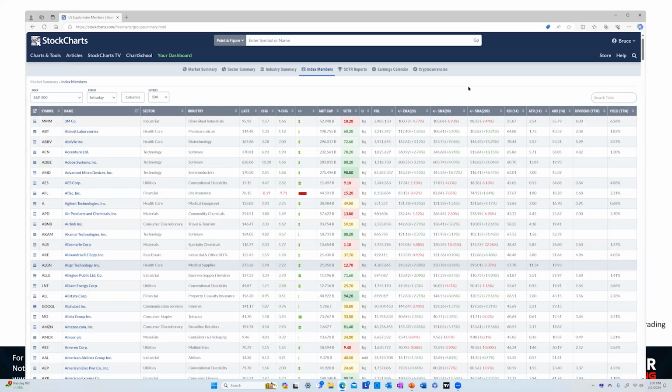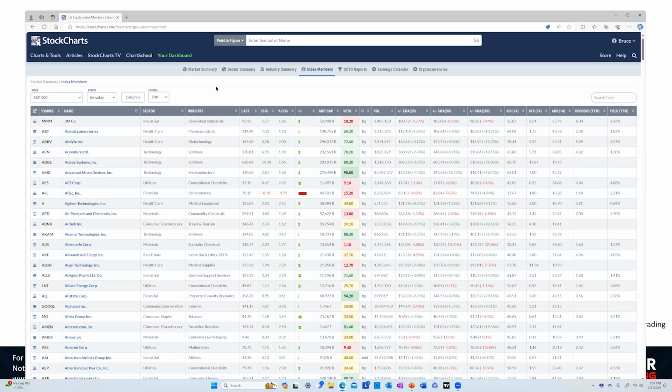And when you click into this page, which you go to from Charts and Tools, you have the ability to look at lists of a number of different important indexes. Here it goes to the S&P 500, but you have the 100, the 400, the 500, the 600, NASDAQ 100, the Dow, industrials, transports, utilities, and the all-important sectors of the market.